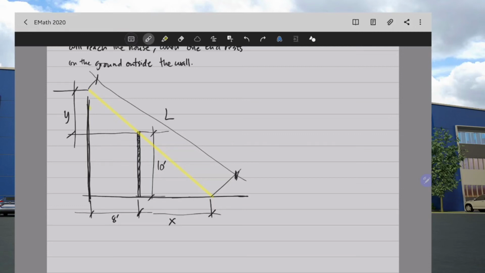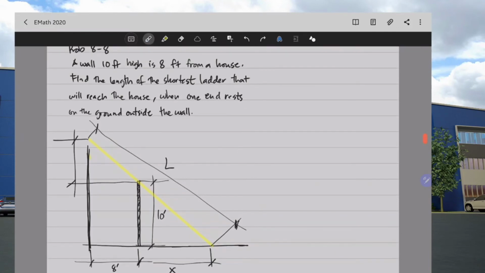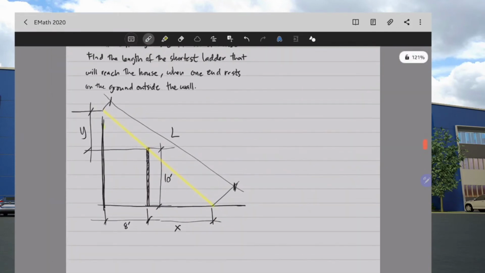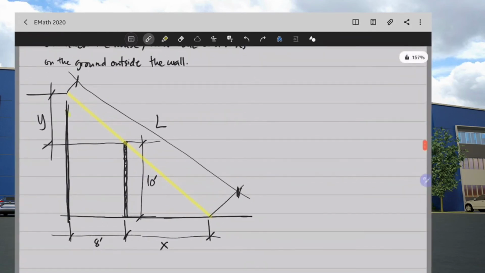So the smaller the inclination of the ladder, it seems that mas longer siya. Ganun din yung situation if malaki yung inclination ng ladder, 'di ba? It is too long din. So the inclination of the ladder is also a variable. Okay? So inclination, let's call that theta. Okay. And if that is theta, this is also theta.